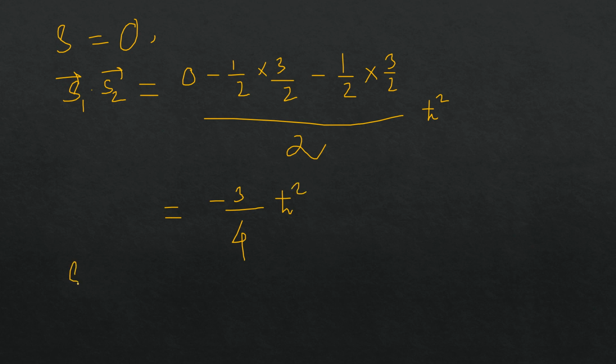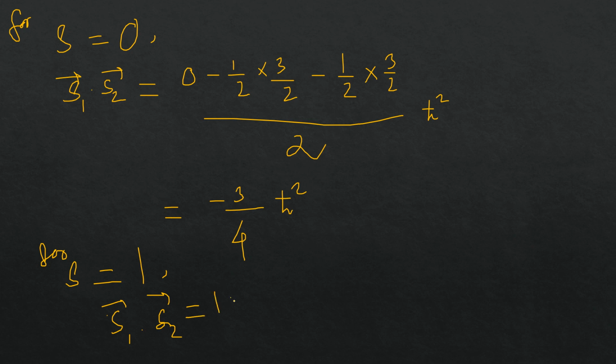Now we can calculate for S equal to 1. S1 dot S2 will be how much? We'll just put the value as 1.